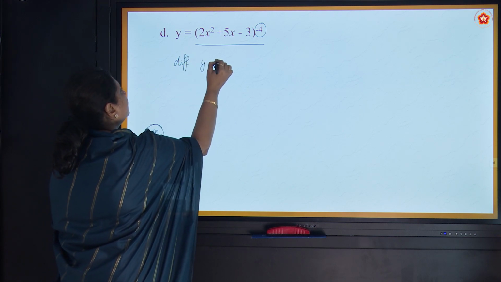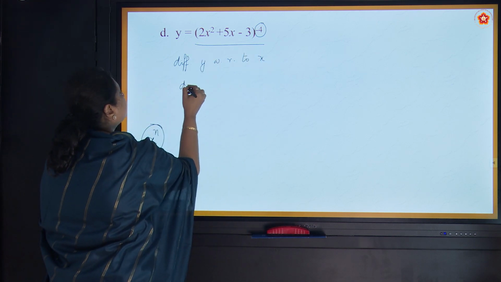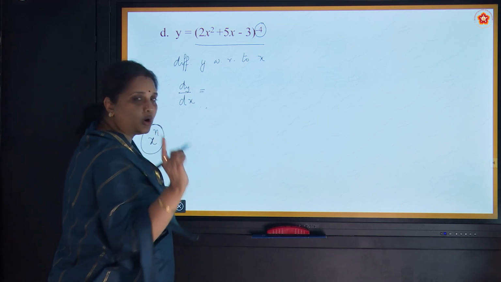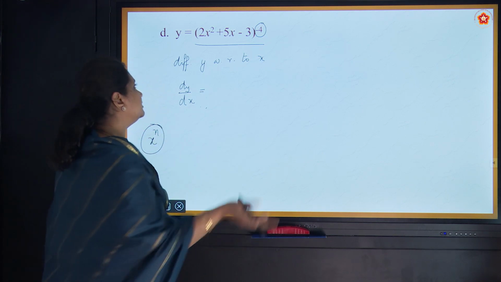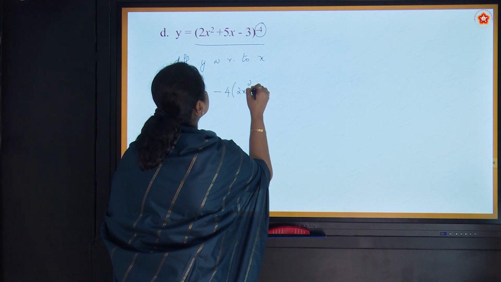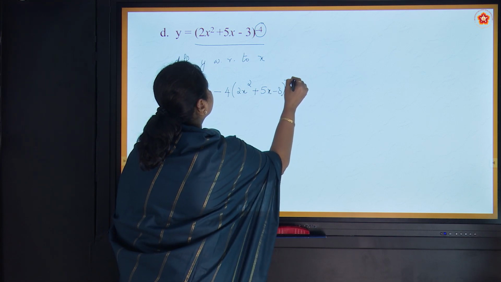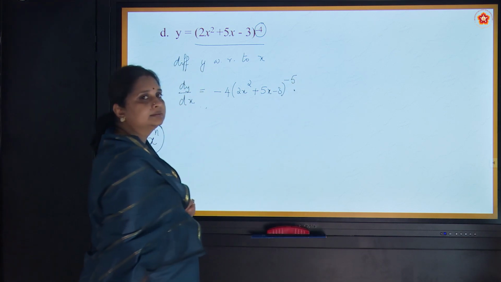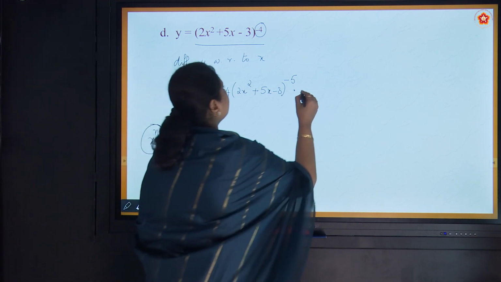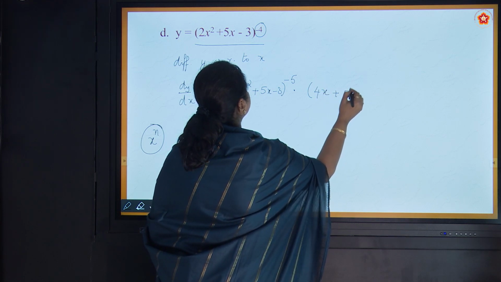So let's just move ahead with differentiation. Differentiating y with respect to x. So we have dy by dx is equal to, so the first outermost function is a power function. Let's bring the power down. Use the rule to differentiate. Then comes the base. It's 2x squared plus 5x minus 3. On differentiation gives you 4x plus 5.